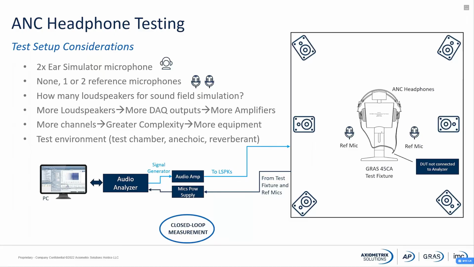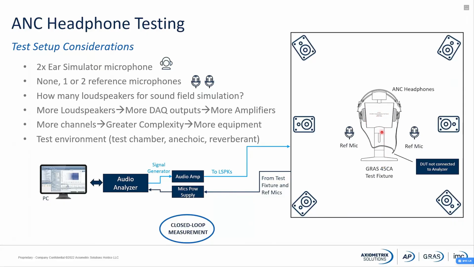We can make this setup more complex or more simple. But the basic thing we need to consider, if we want to look at the amount of channels that we'll need for our data acquisition system and the outputs of a signal generator, is that we'll basically need 2 channels for our ear simulators. So inside the test fixture, we're going to have left and right ear simulators with the measurement microphones.